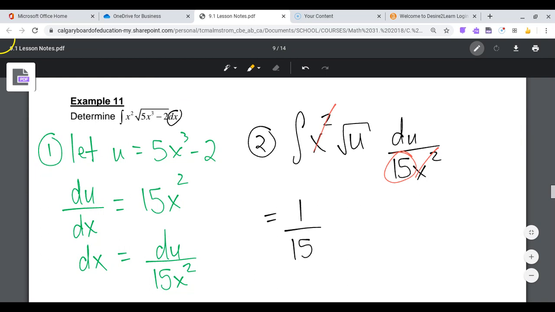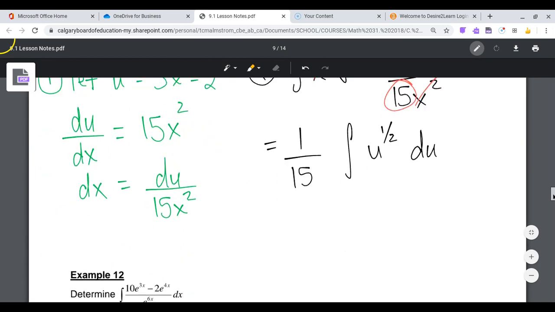So I have 1/15, integrate u to the power of half in terms of u. And then we go through our process. So this is 1 on 15, u to the power of, add 1 to a half, you get 3/2, divided by 3/2, or maybe it's better to just write multiply by 2/3, depending on your comfort level.